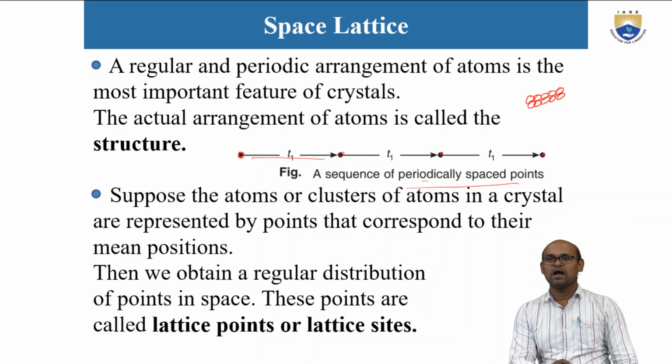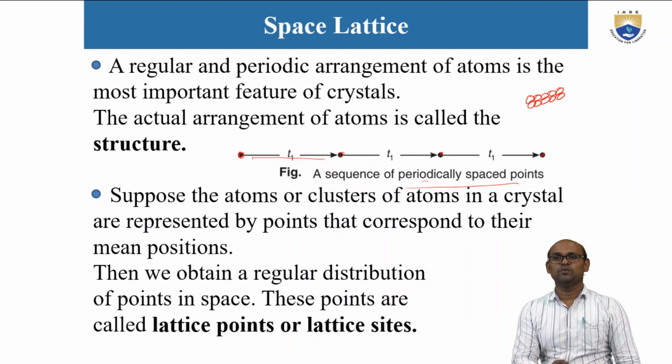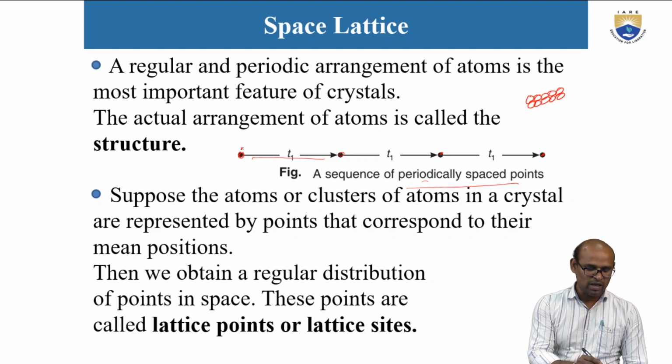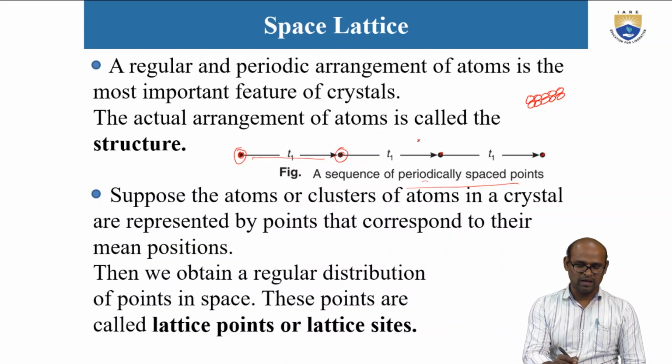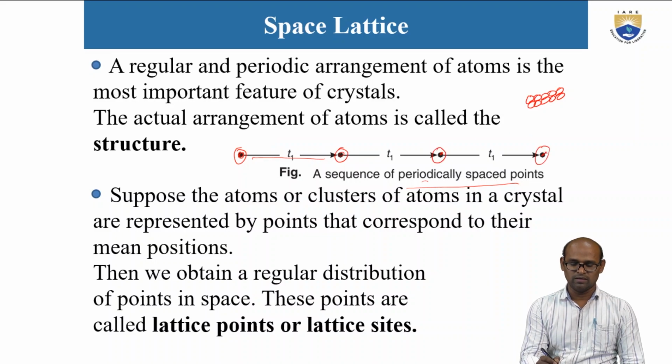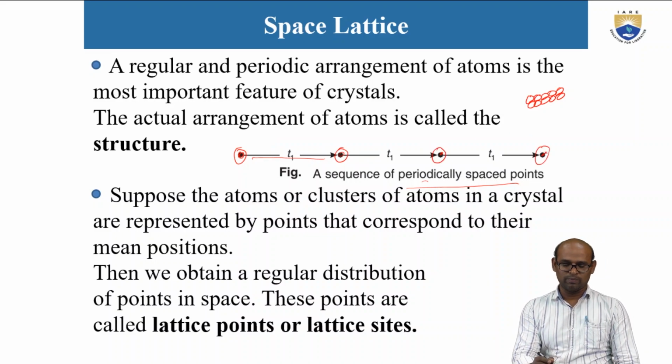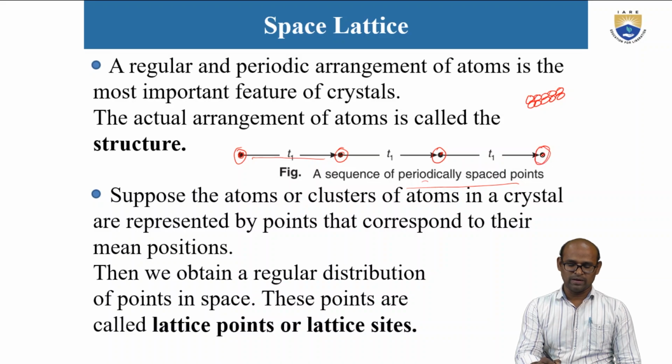Suppose the atoms or clusters of atoms in a crystal are represented by points that correspond to their mean positions. So I have an atom here, an atom here, an atom here. Now I am going to represent the mean position of each atom by a point.